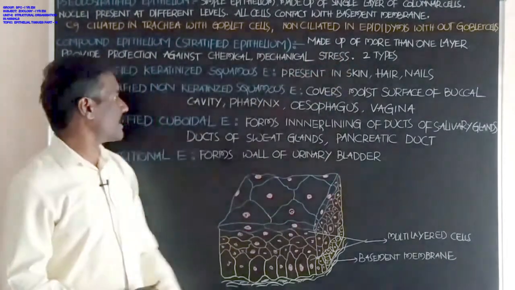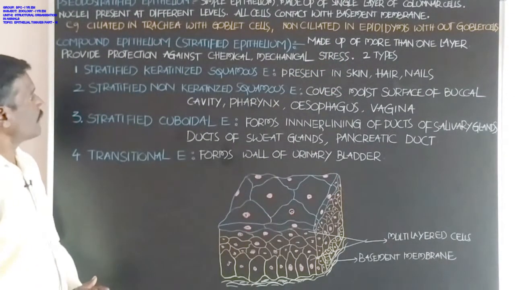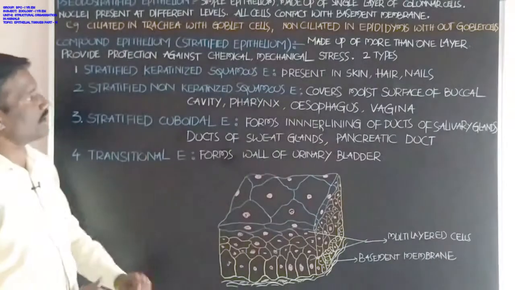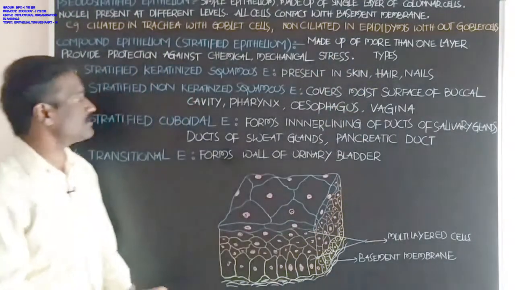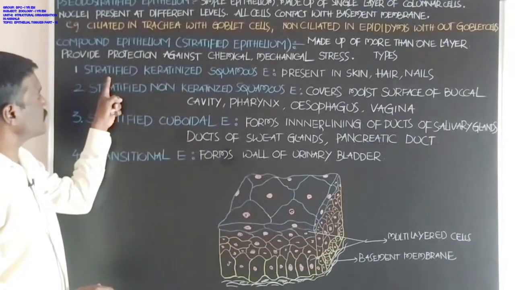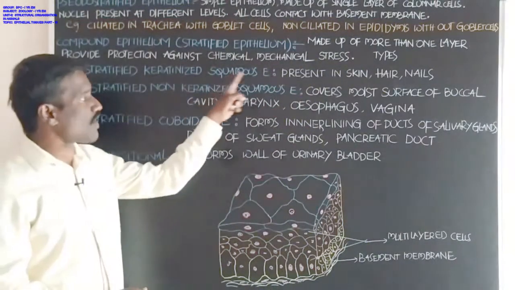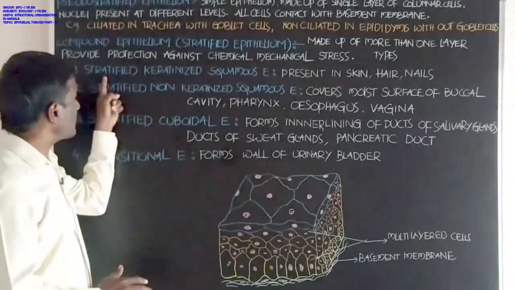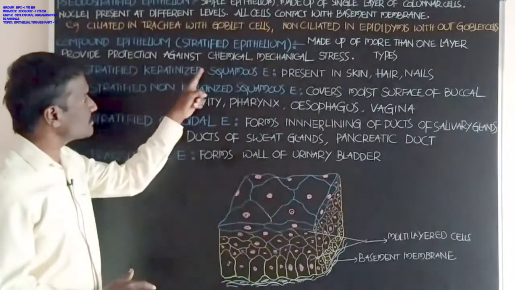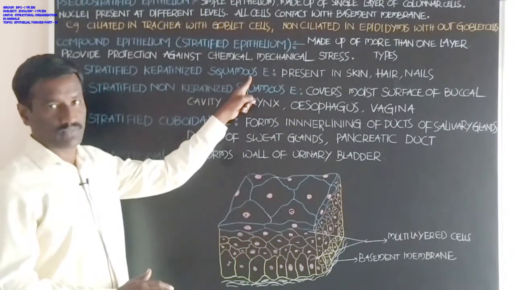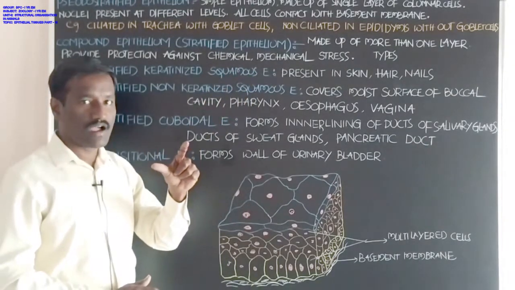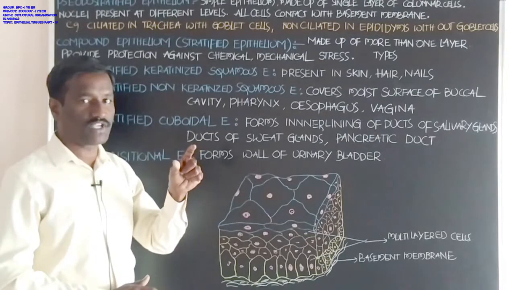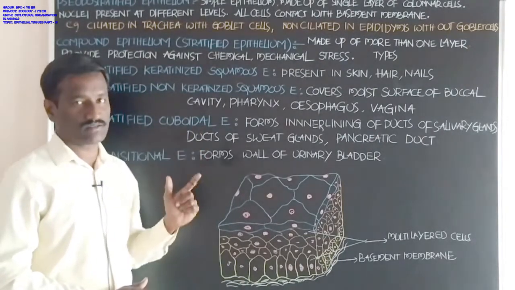Compound epithelium is divided into four types. The first one is stratified keratinized squamous epithelium. Squamous epithelium means the cells are tile-like in shape.